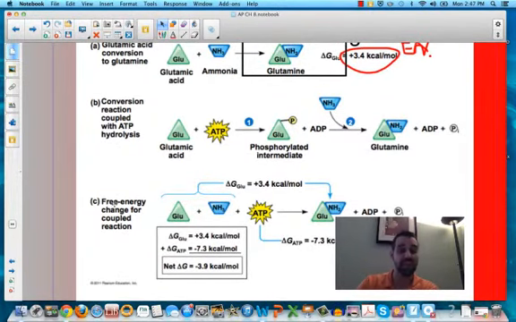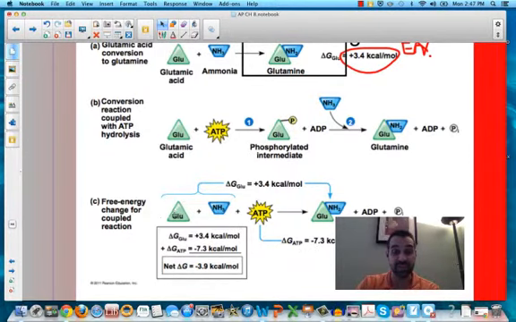So when we look at this all together, here is our reaction: glutamic acid plus ammonia plus ATP, because we know that to make this reaction happen, we need 3.4 kcals per mole. When we break down ATP, this exergonic reaction is releasing 7.3 kcals per mole. The 3.4 required for the reaction is less than what's being released from the exergonic reaction.